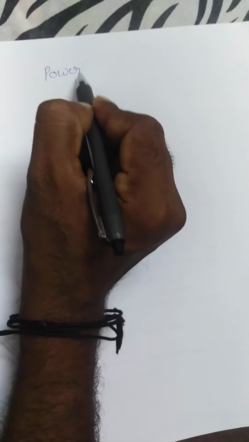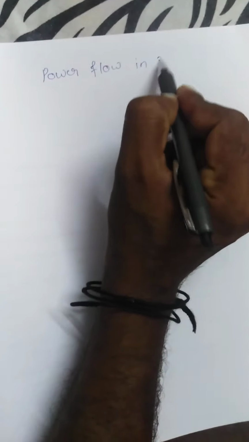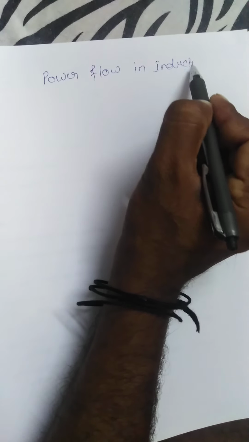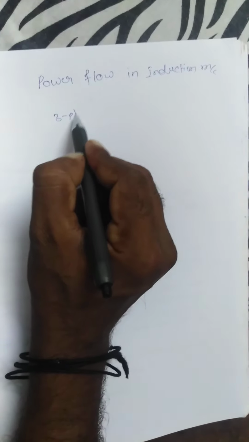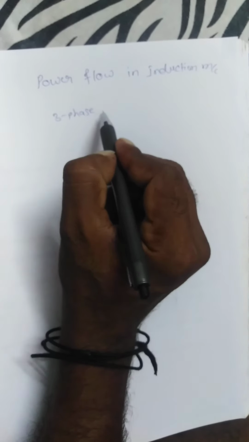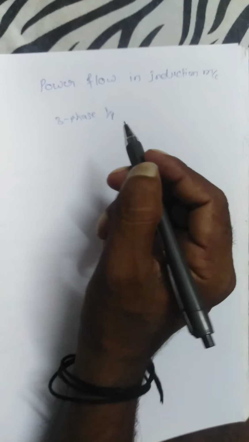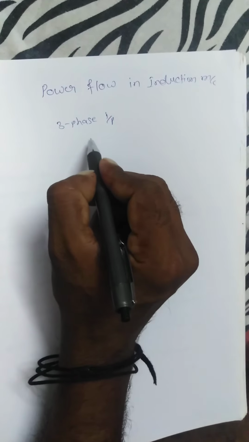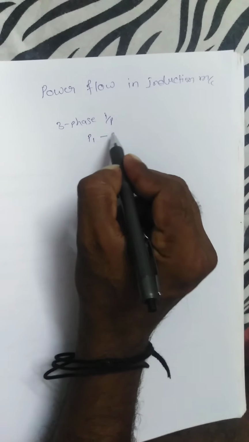Next topic is the power flow in an induction machine. A three-phase power supply is given to the stator. The input power given to the stator is P1, the stator input.